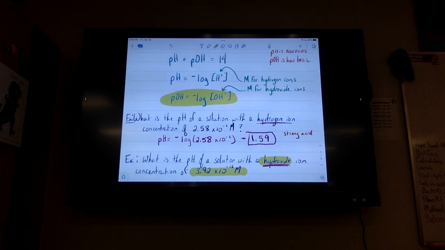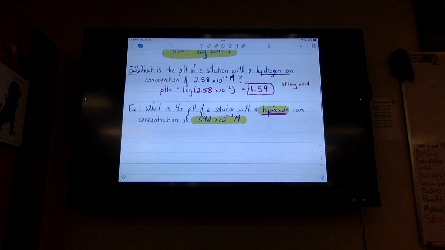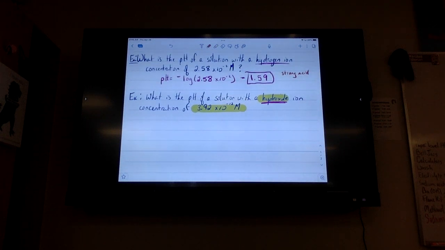Okay, so if I solve for that, am I going to get pH? I'm going to get pOH. But let's go ahead and run with it. So I have pOH is equal to negative log of 3.93 times 10 to the negative 12.